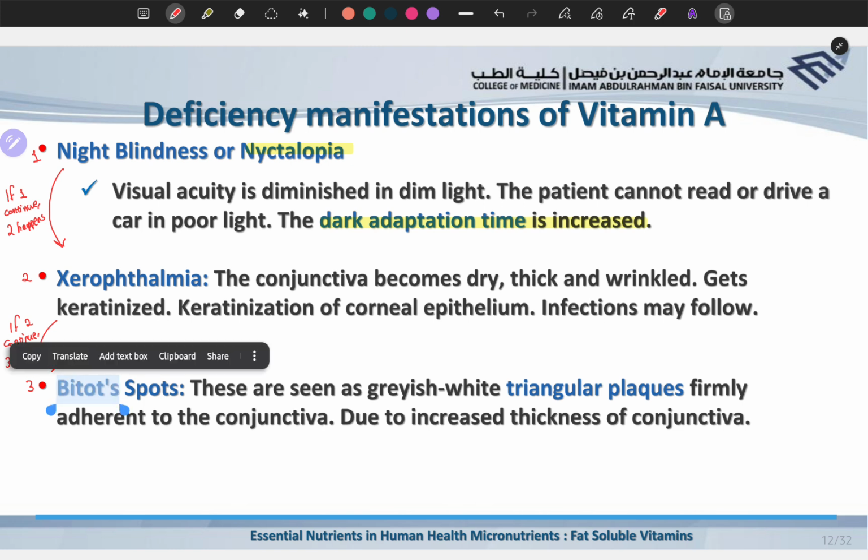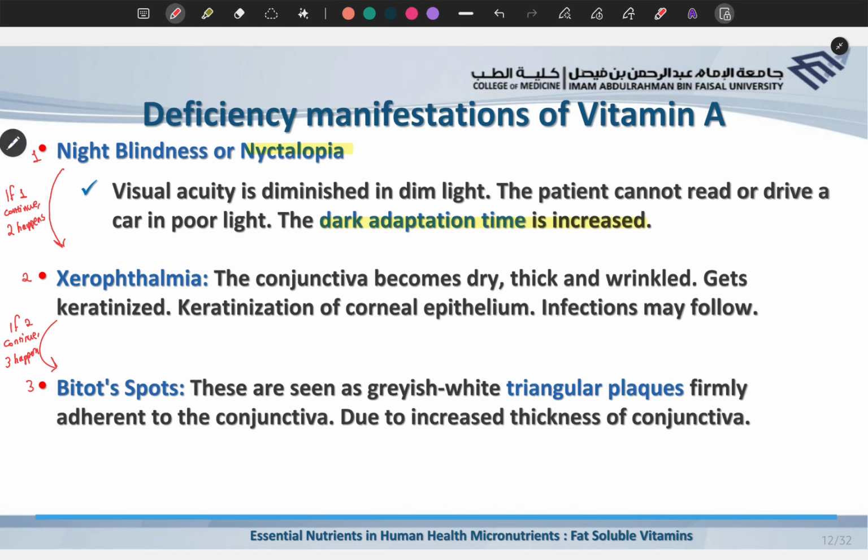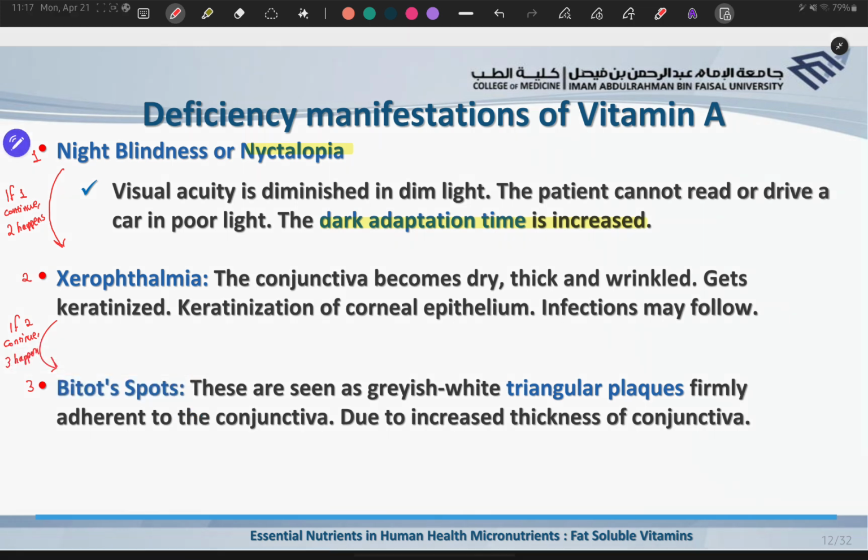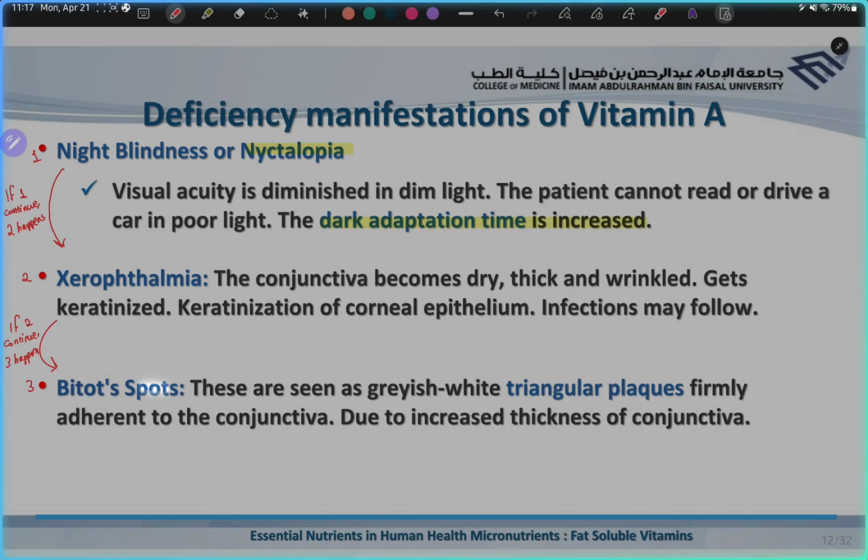See the picture of Bitot spots. Is it clear? This is characteristic of it. You can share this picture in your group. Bitot spots: triangular plaques which are adherent to the conjunctiva.